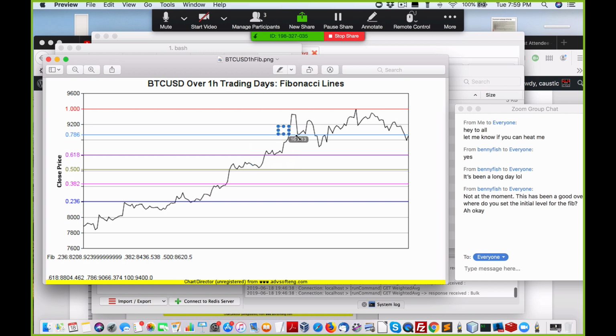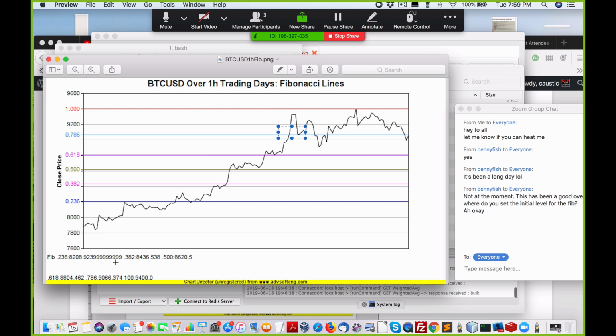Guess what it does? It moves up to 786. We take profit where that blue line is. And then we can usually put on a new position once it hits the 100 here at the red, and then it goes into this weird oscillation sometimes. And that's the simplest trade you want.